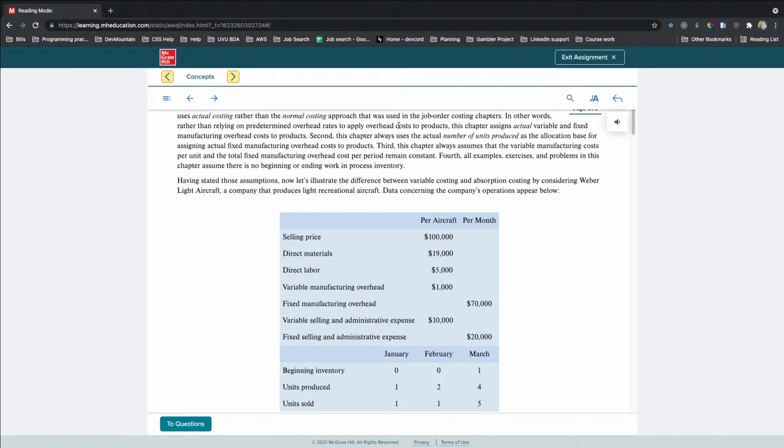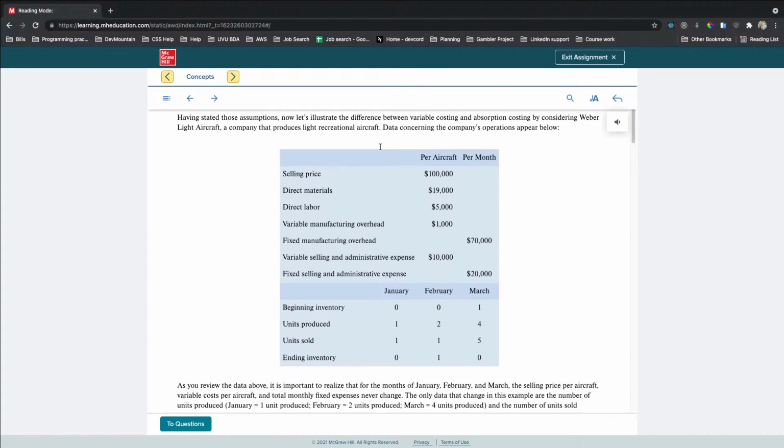Third, this chapter always assumes that the variable manufacturing cost per unit and the total fixed manufacturing overhead cost per period remain constant. Fourth, all examples, exercises, and problems in this chapter assume there is no beginning or ending work in process inventory. Cool. So we're just cutting out a lot of stuff.